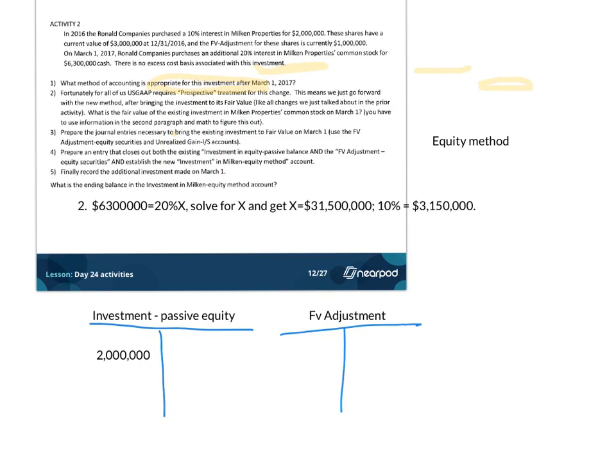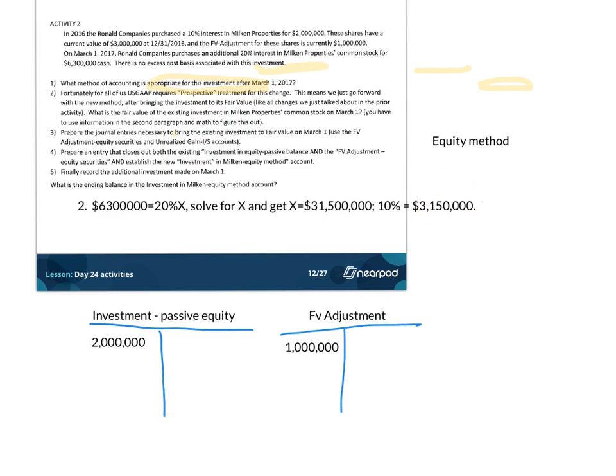And fair value adjustment has a balance of 1 million. That is how we get to the balance of 3 million that we have for value. And then we just now determined that really at this point it should be worth 3,150,000.